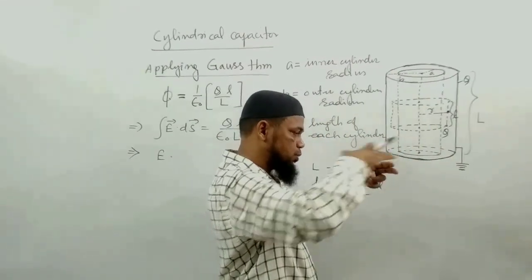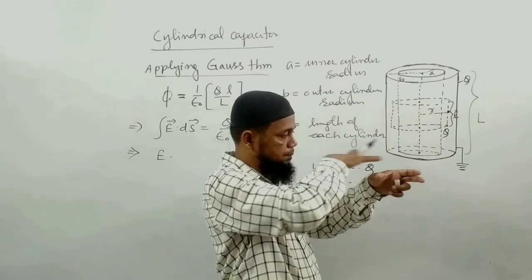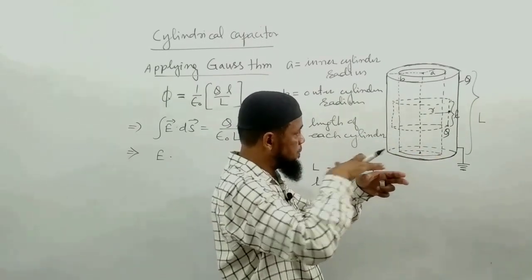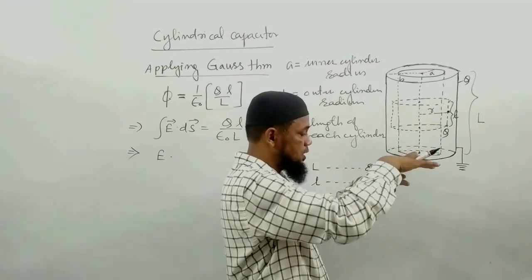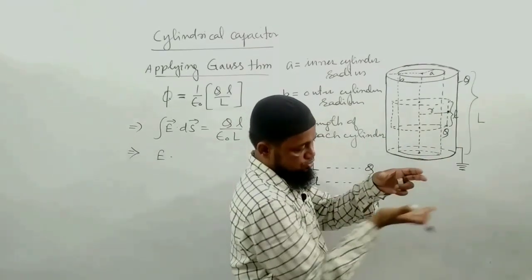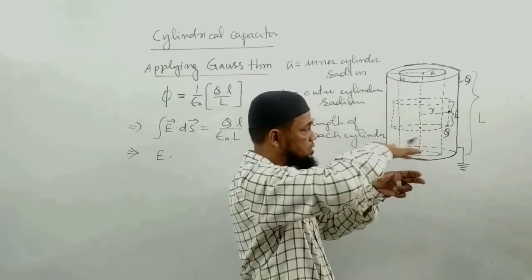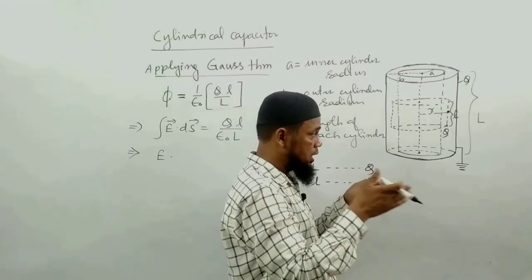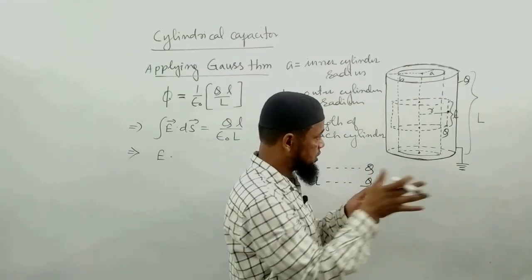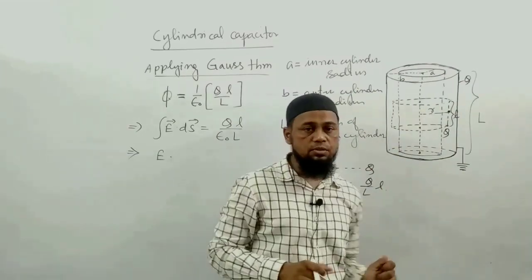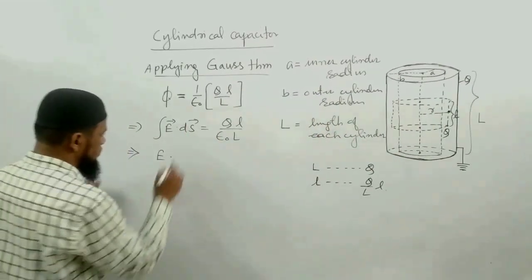Lines of force go out perpendicular to the cylindrical surface, but parallel to the plane surfaces. So the flux associated with the plane surfaces is zero, and whatever flux there is, is associated with the cylindrical surface only.